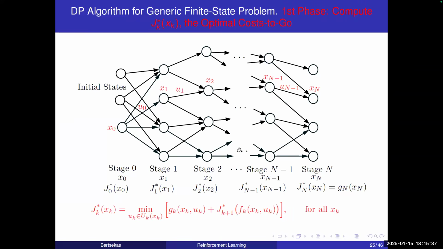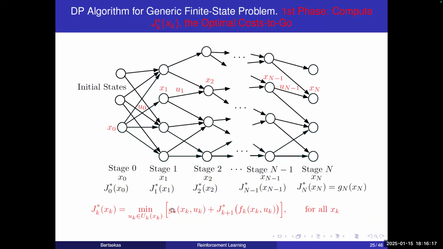So getting back to the finite state problem, starting with the last stage, we set for all xn, Jn star of xn equal to Gn of xn. And then going backward to Jn minus 1 star and so on by using this formula. Again, for each uk, this expression provides a desirability of applying uk.